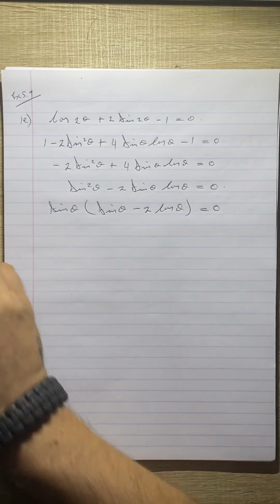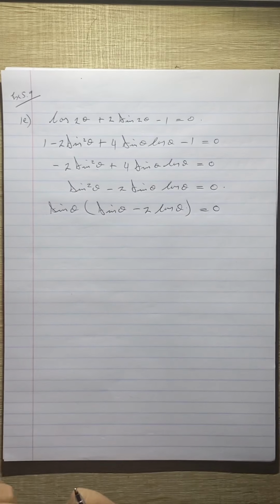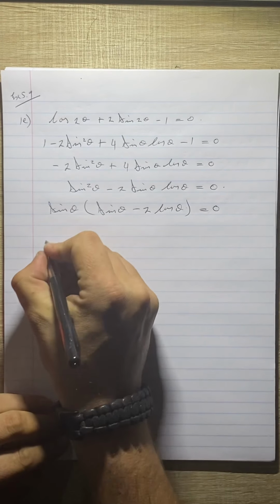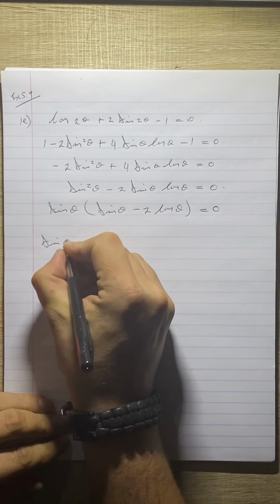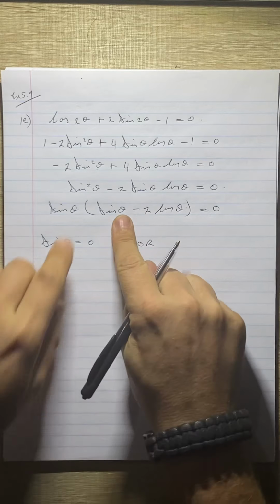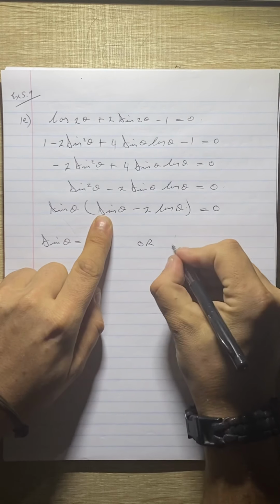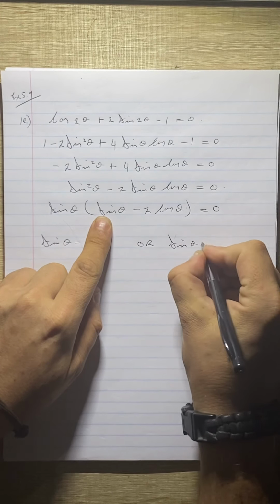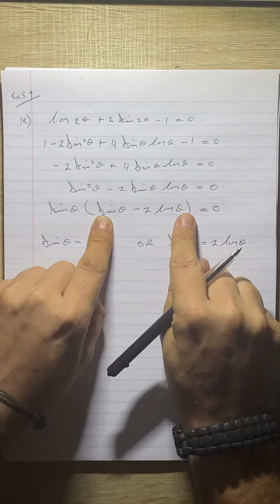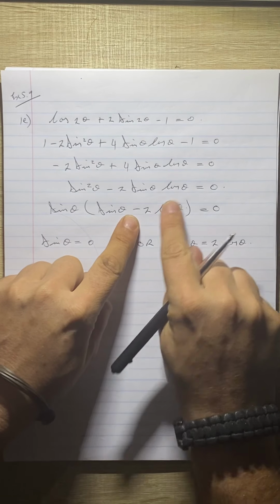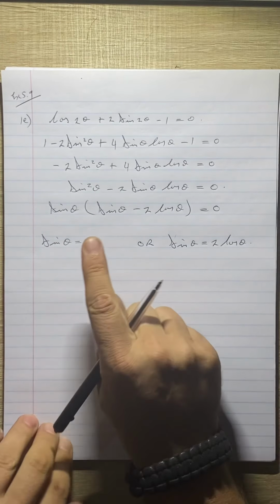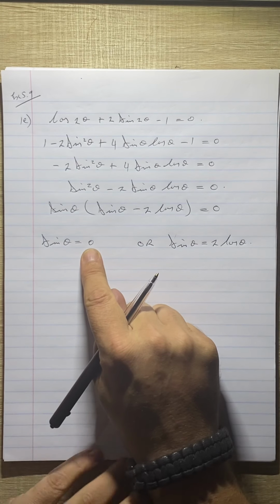So what we have now is something times something equals 0. So I can set them both equal to 0. So sin theta is equal to 0, or if I set this equal to 0, I will get sin theta is equal to 2 cos theta. Because if I set it equal to 0, just take this minus 2 cos to the other side, and I get that. Okay, so let's solve for this one first.